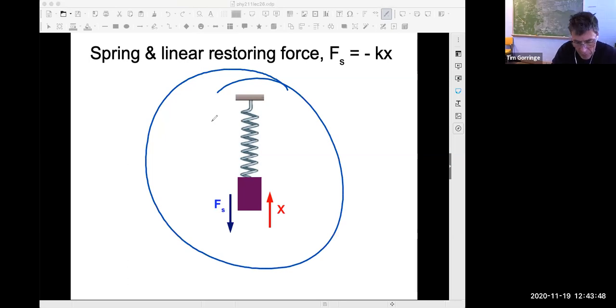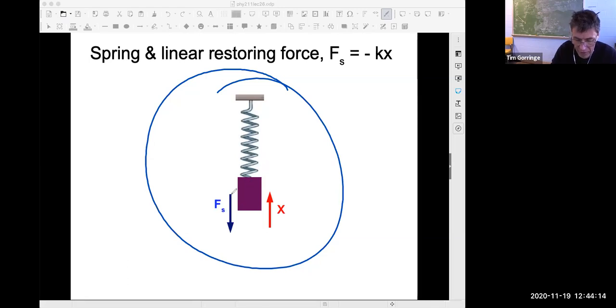Here's the case of the mass spring pendulum. And at the heart of it is this linear restoring force. In my little picture here, I'm compressing the spring by pushing the mass upwards, and it pushes backwards with a force that's in proportion to the compression of the spring.